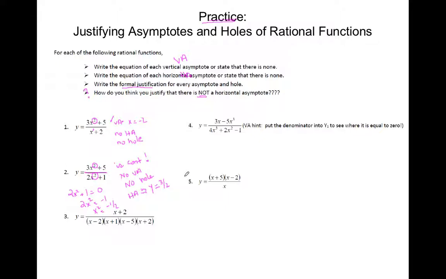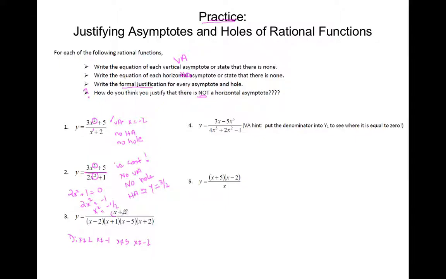All right, let's look at number 3. Number 3 has a whole bunch of domain issues, right? We have bad x's. Domain: x cannot equal 2. x cannot equal -1. x cannot equal 5. x cannot equal -2.